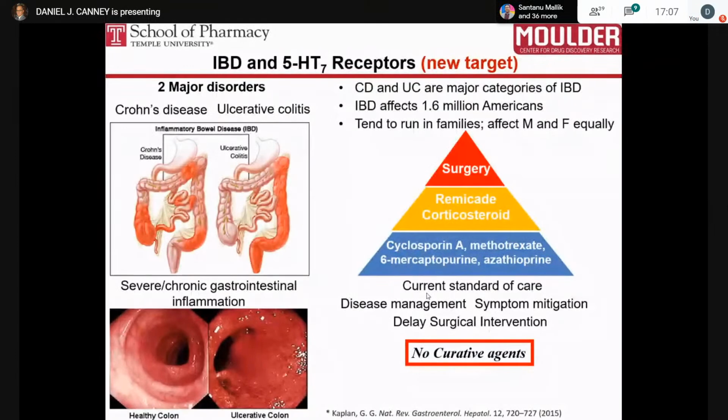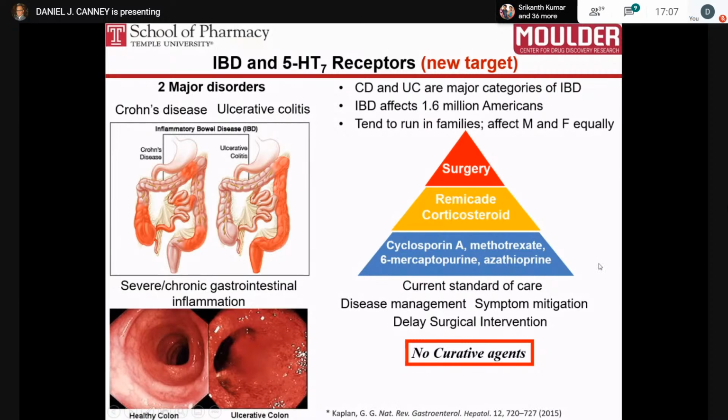There's some immunomodulatory agents, there are some anti-inflammatory agents, steroids, antibody treatments, but there's really downsides to all of the current treatments for the disease, and there's really no way to cure the disease currently.